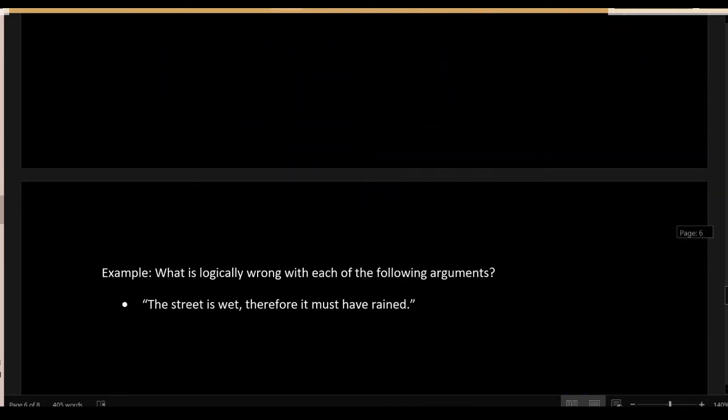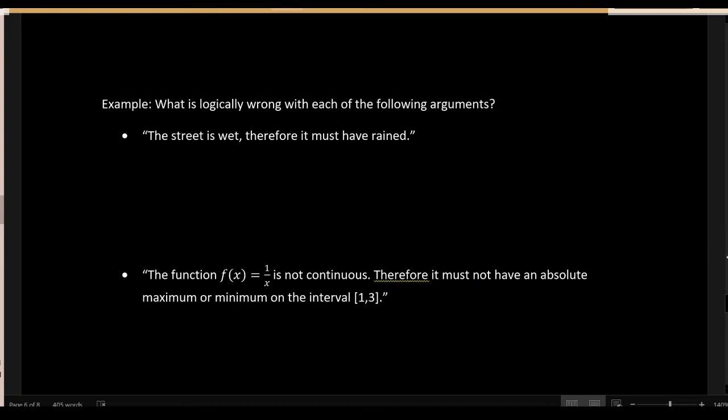Of course, our personal experience shows that this may not necessarily be correct, because who knows, maybe someone was washing their car, maybe someone let their hose run wild, and that's why the street is wet. So this use of theorem 1 is not logically valid. And the problem is that this person has tried to reverse the roles of the conclusion and the hypothesis.